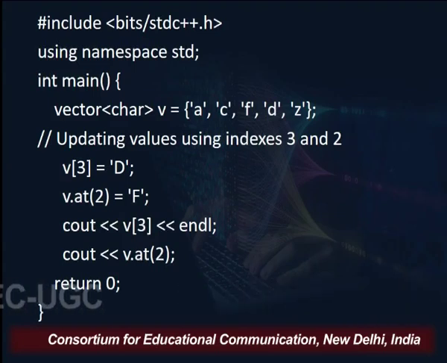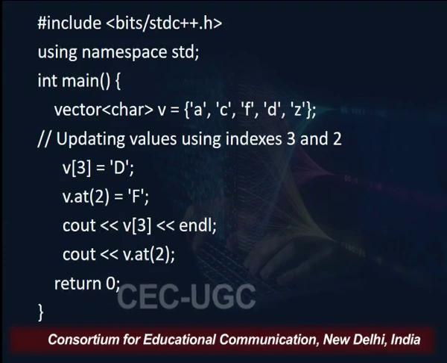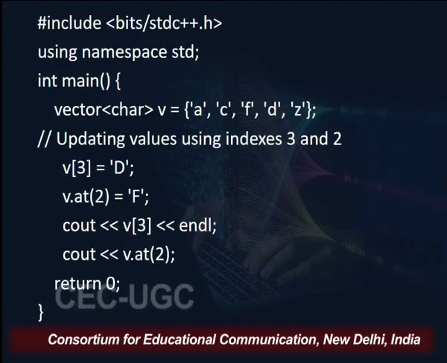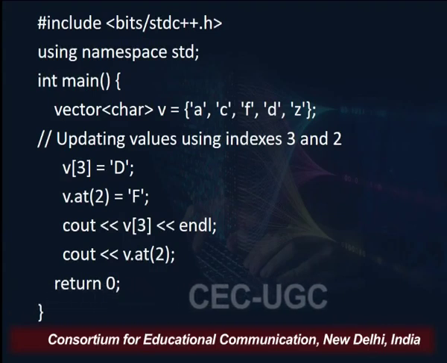So, a similar vector I have taken, which is a vector of 5 characters, and now we are updating the values using the indexes, index 3 and index 2. So, here we are writing V[3] equals 'D'.